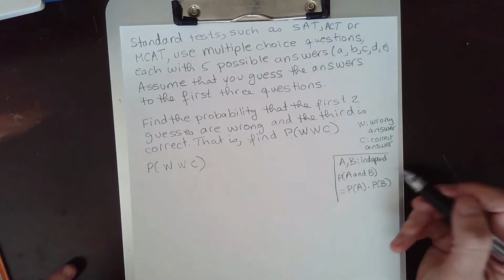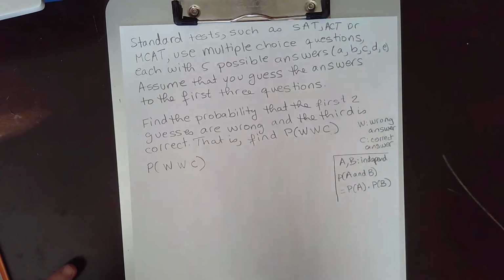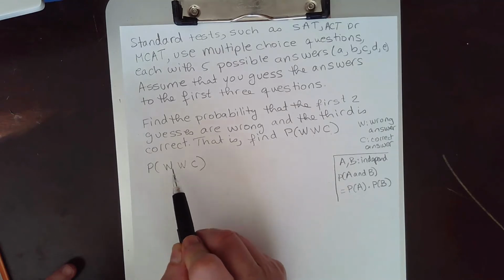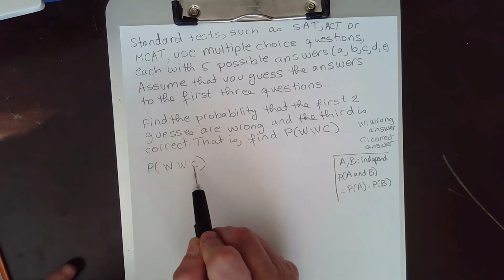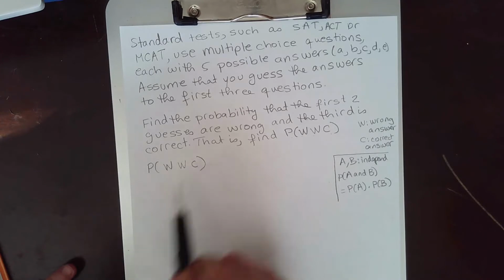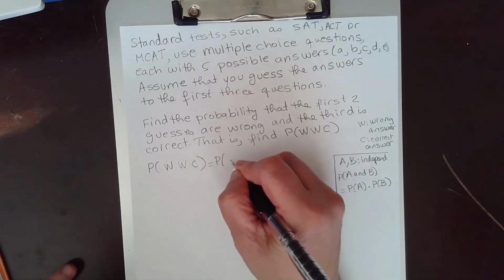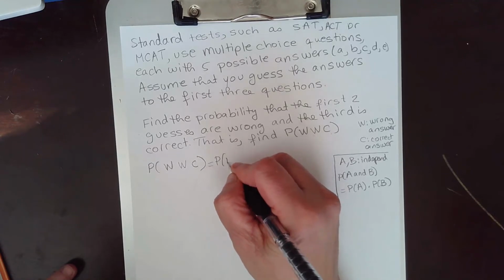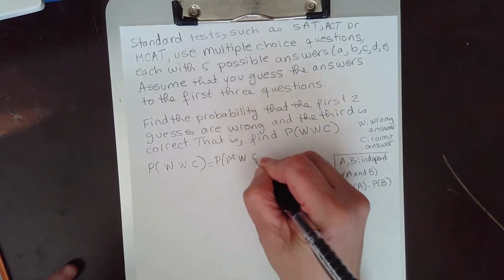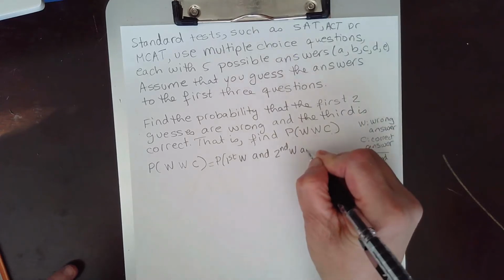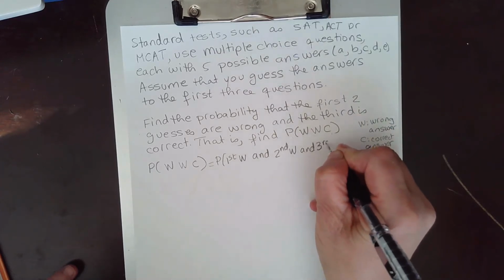Well, in this case, that's what we have here: the probability of answering the first wrong, the second wrong, and the third correct.